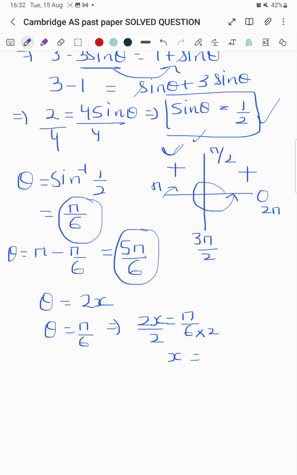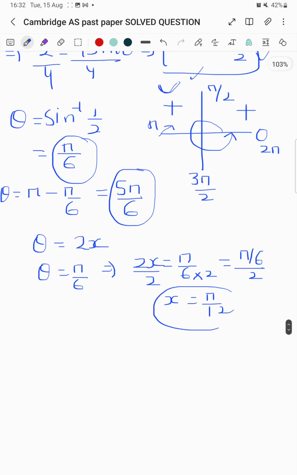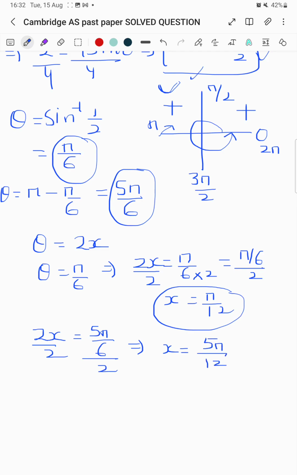So x equals pi over 12. You can understand it like this: pi over 6 divided by 2. So one answer for x is pi over 12. For the other theta, 2x equals 5 pi over 6, which means x equals 5 pi divided by 12, dividing by 2 again. So these are the two final answers.